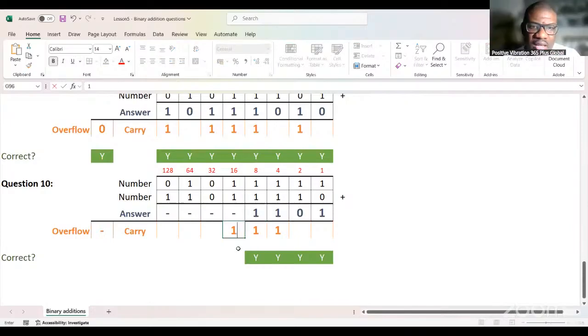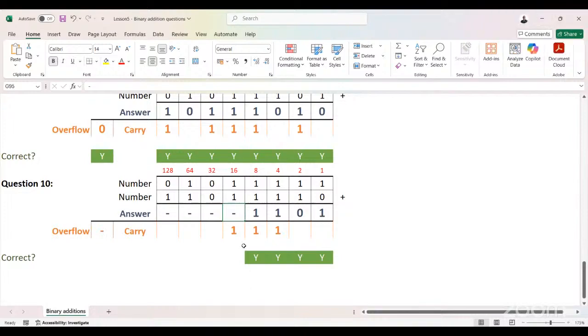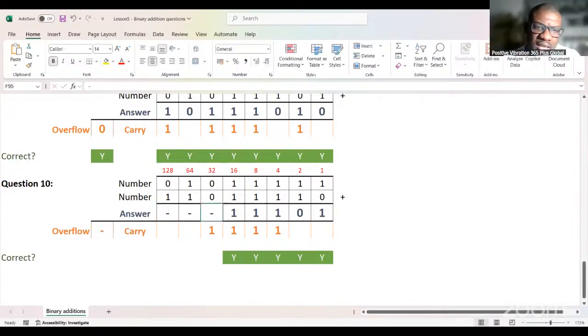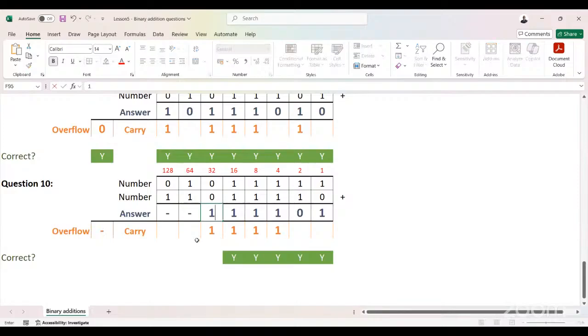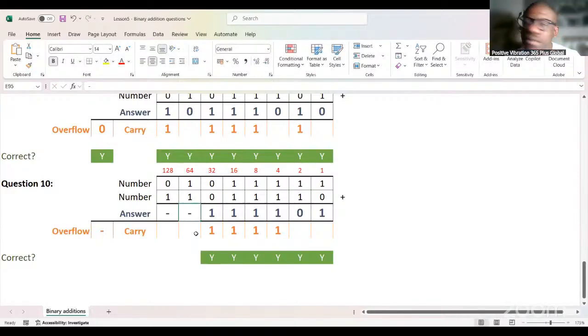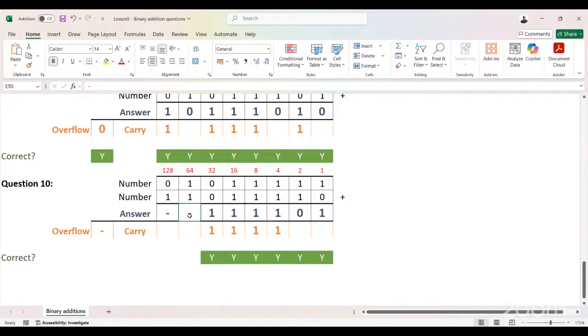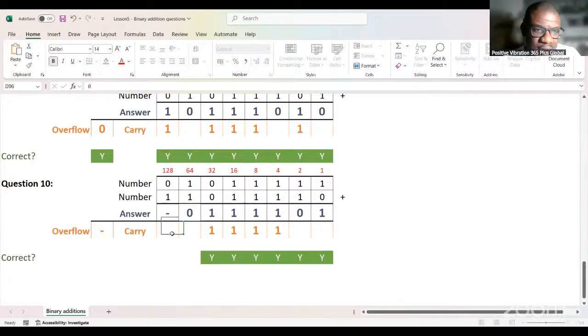Very good. There you go. What about this? Put down the 1 and carry over the 1. Very good. What about here? 1, sir. That's 1. Fabulous. And this one? Put down the 0 and carry over the 1. Fabulous. And what about here?